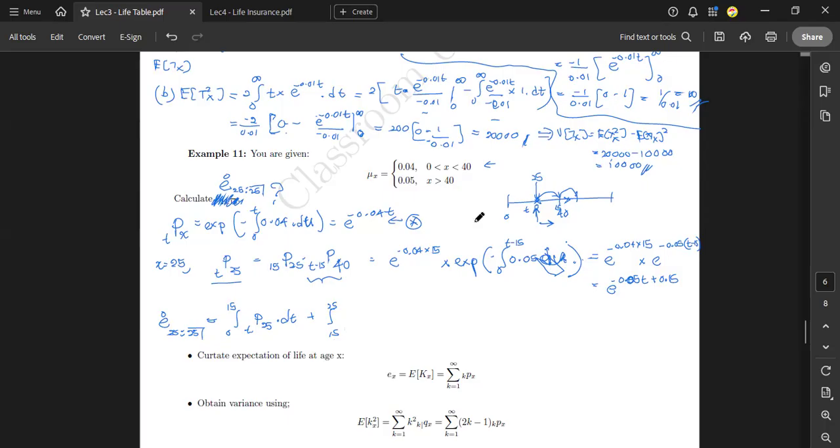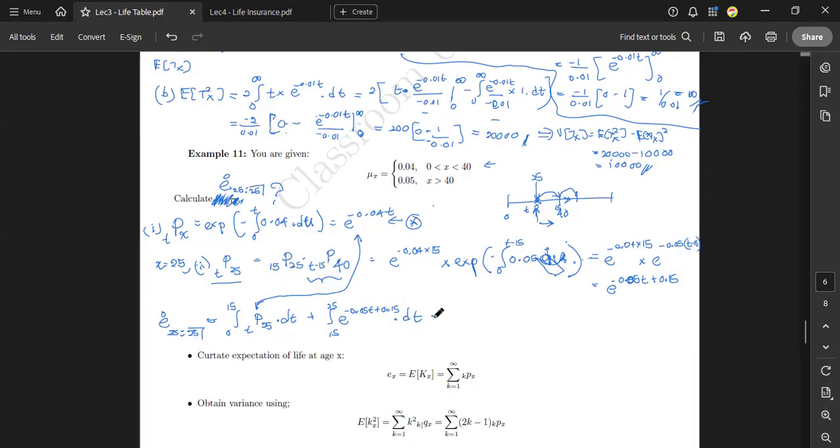That means for the first stage, we have the first survival function, and for the second stage, we have the second survival function, which is this. And for this one, we know it is this.